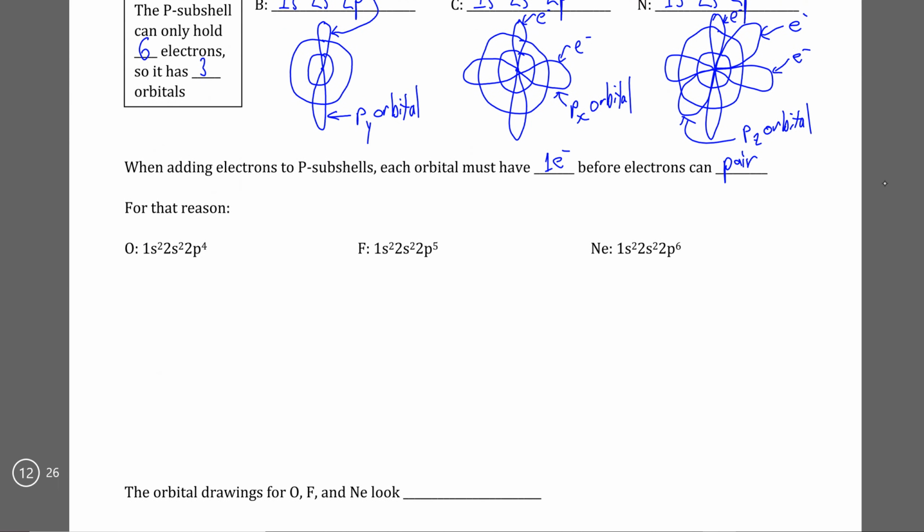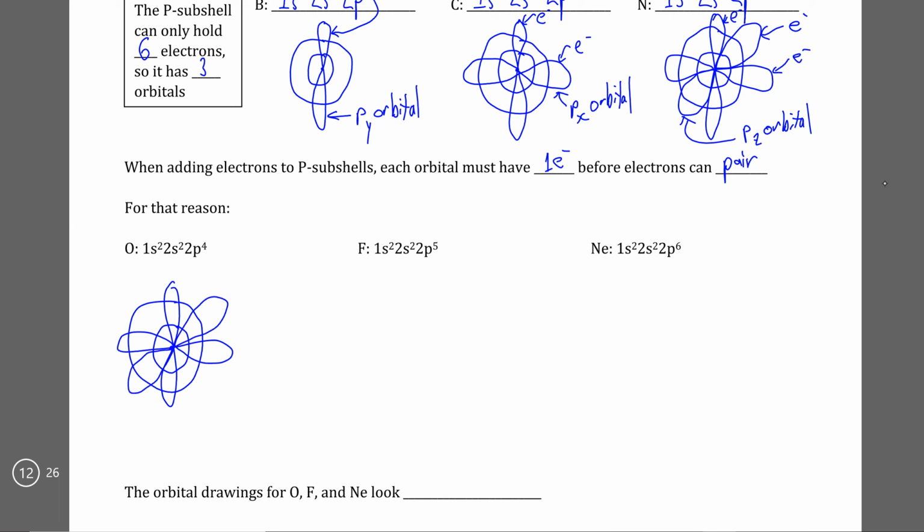So, for that reason, if we take a look at each of these, oxygen, fluorine, and neon, we can draw the subshells and orbitals relatively easily. 1s, 2s, and just like with nitrogen, where all of its p orbitals have at least 1 electron present, here's 2py, 2px, and here is 2pz.